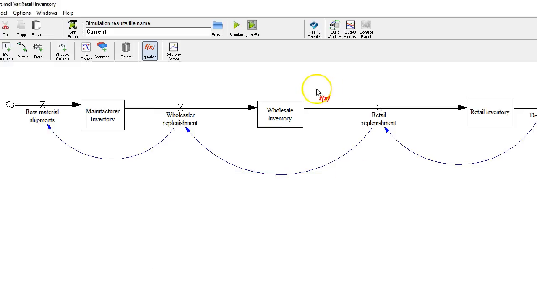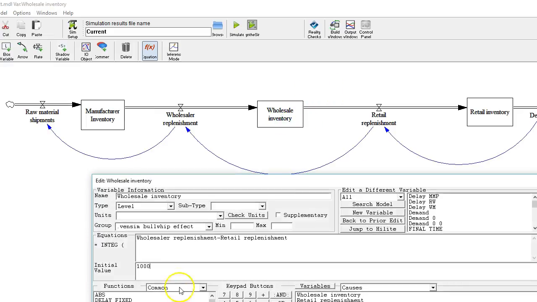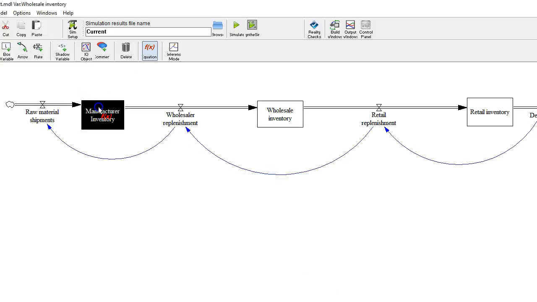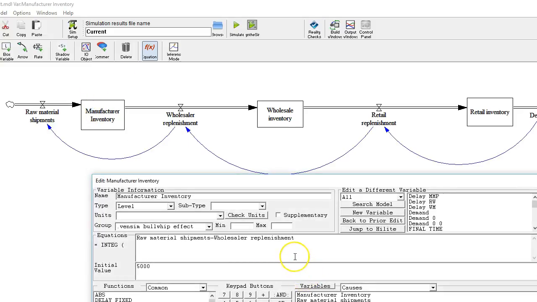And the same happens with the wholesale, but the initial inventory is 1,000, and for the manufacturer it is exactly the same type of formula, with the raw material contributed to the inventory, the wholesaler replenishment being an outflow, therefore reducing the amount of inventory at the manufacturer.